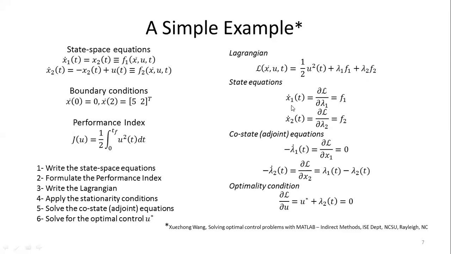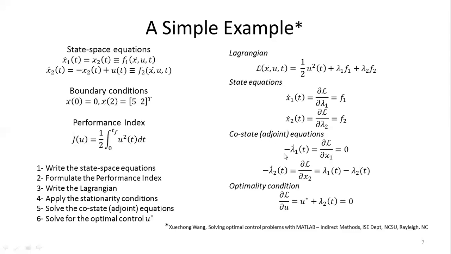The state equations tell us that x dot is the partial derivative of the Lagrangian with respect to the Lagrange multiplier. Now both these equations give us the state equation, so we do not learn much from them. The next are the co-state or adjoint equations, which are minus lambda dot is the partial derivative of the Lagrangian with respect to x.